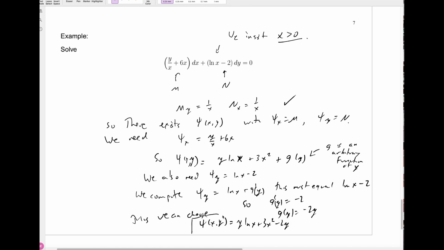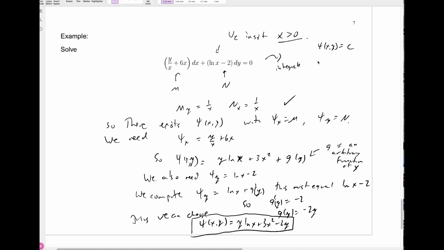And you can check that this function, C, really works in the sense that C sub x is M and C sub y is N. Then what we do, when we solve this, we integrate. We first divide by the dx here, put it into the standard form, and we integrate both sides, and we get C of x, y equals c is our general solution.